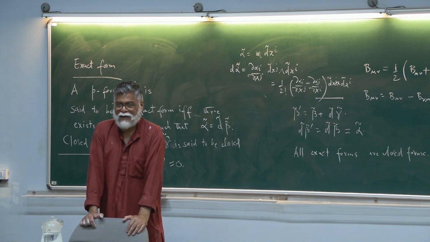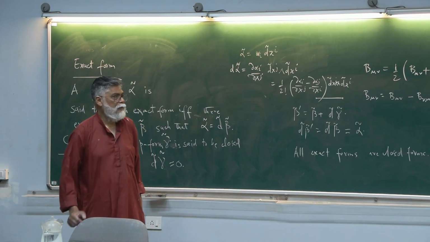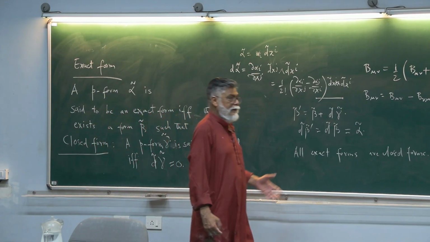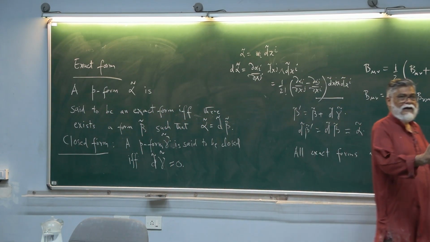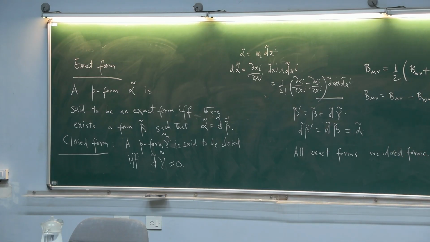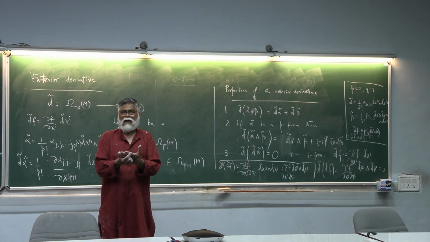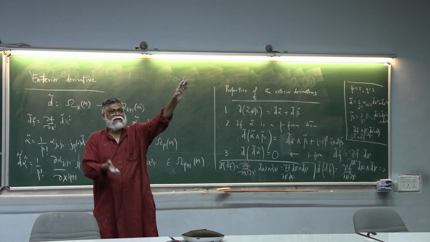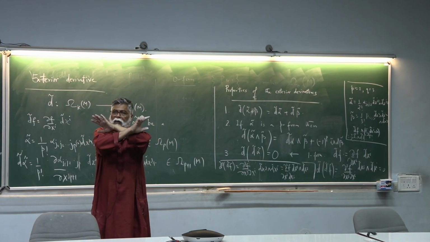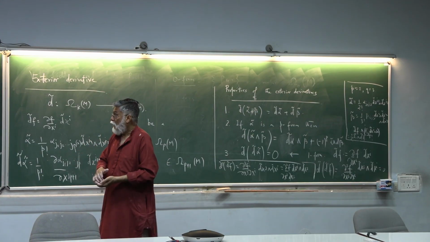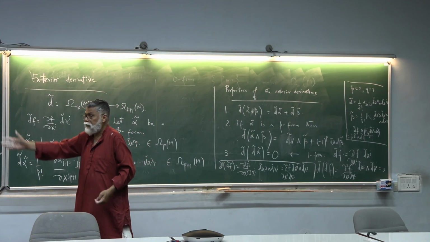I don't know the history. All these are important when you express things in terms of integrals of forms. It's a beautiful thing, but we will not have time to discuss it. Gauss's theorem and Stokes' theorem all become special cases of these results.